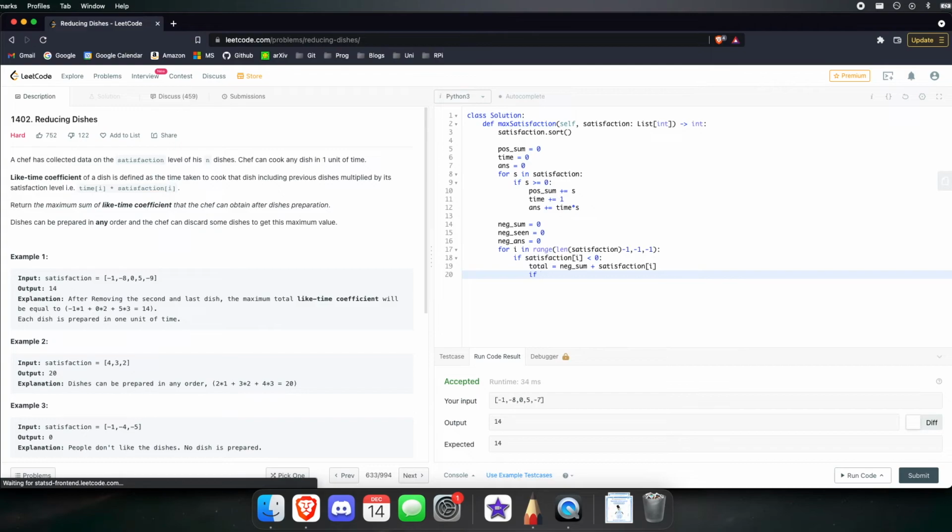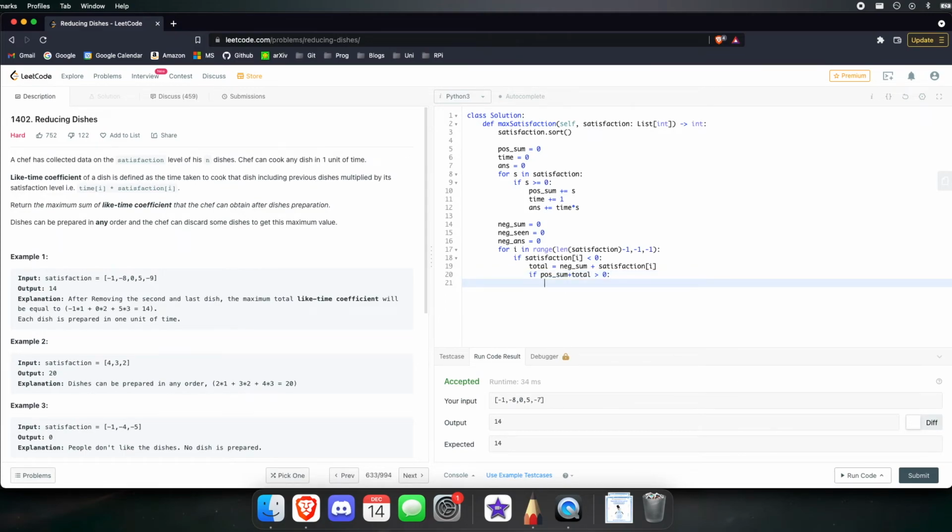Now, if the positive sum, which is our benefit factor, plus the total of all these negatives, if this is greater than 0, then we actually want to consider this negative satisfaction dish.